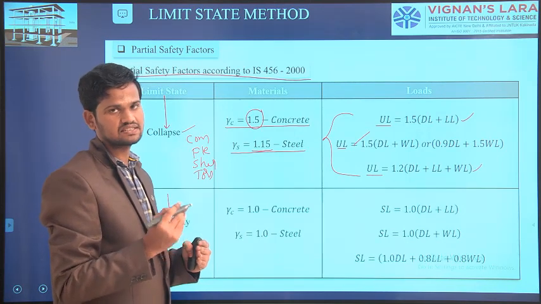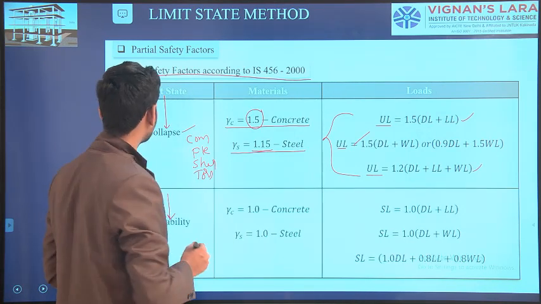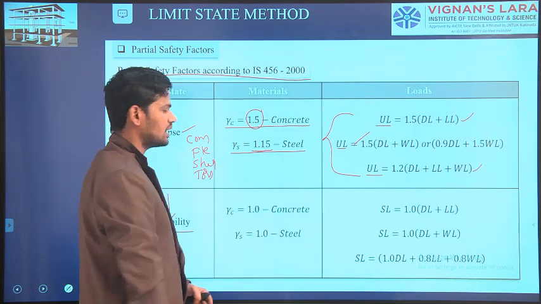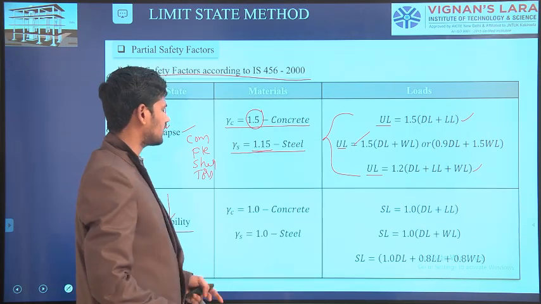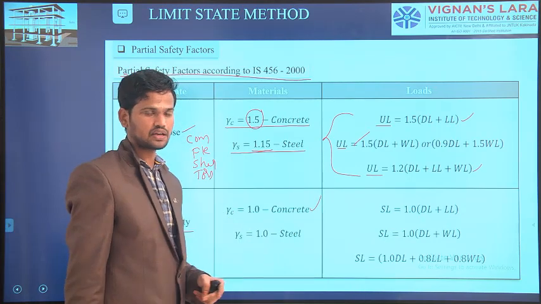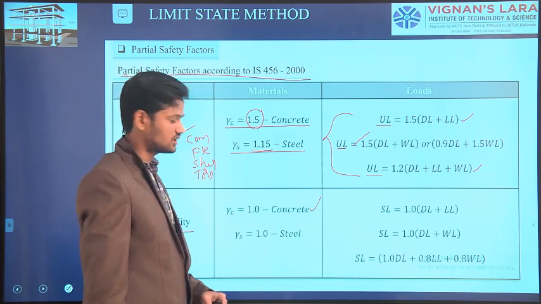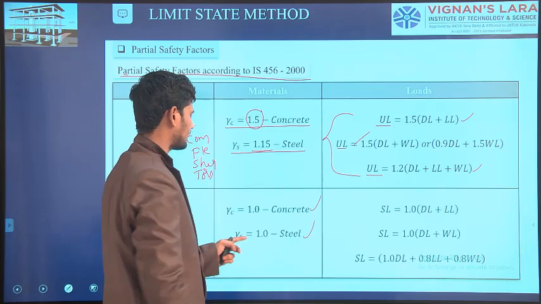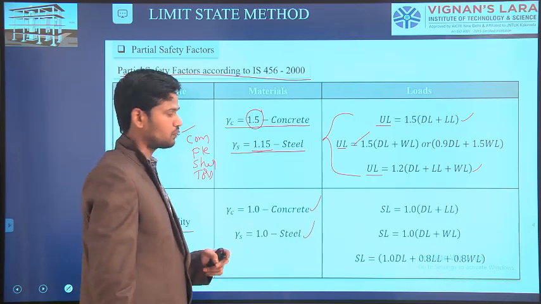If you design the structure in such a way, it is called the limit state of serviceability. For limit state of serviceability, we take the partial safety factor for concrete as 1.0, as well as for steel as 1.0.